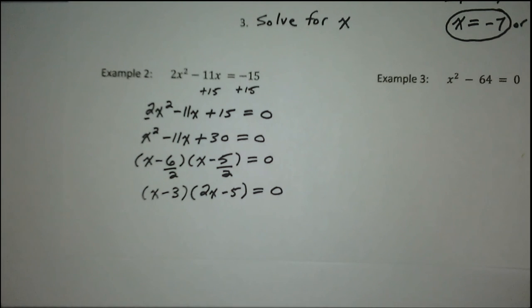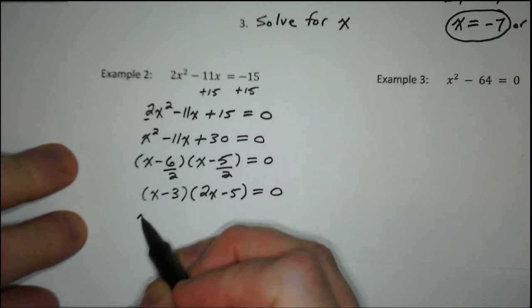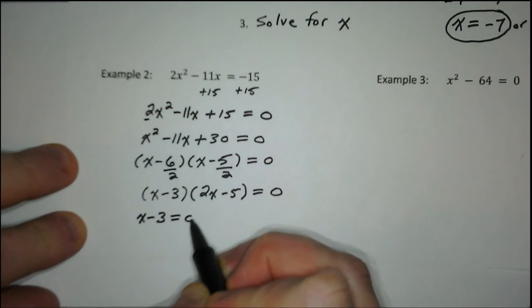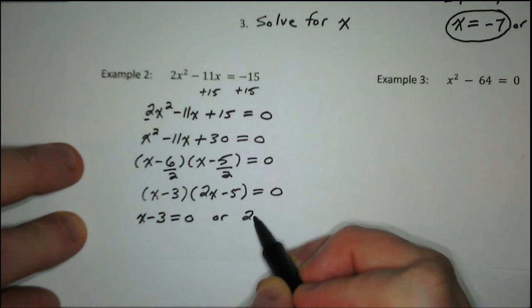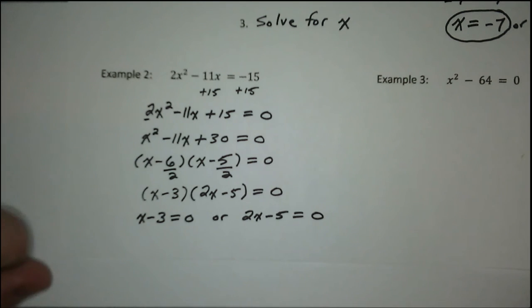All right? So, we got to keep our eyes on the big picture here. We're not just factoring now, right? We are factoring so that we can solve for x. So the next step is to set both factors equal to 0.